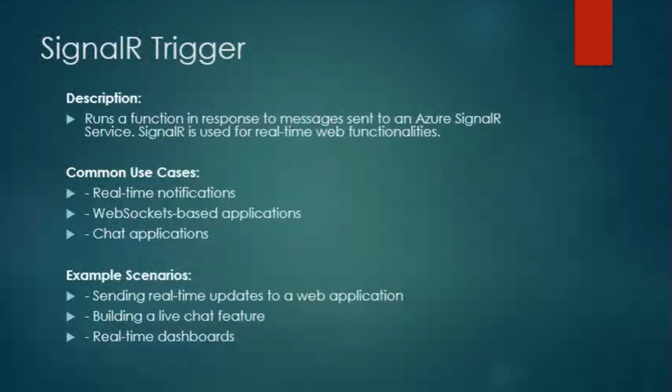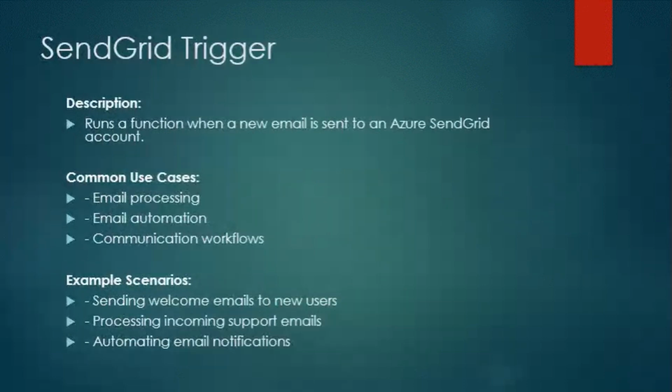Telemetry and logging. Let's move on to Cosmos, right? As the name suggests, it runs a function when there are changes, insert, update, delete, in Azure Cosmos DB, ideal for NoSQL databases. So basically, consider you have a Cosmos DB database where you are using some kind of CQRS pattern, with two replications of the data.